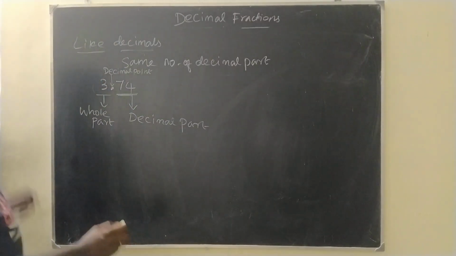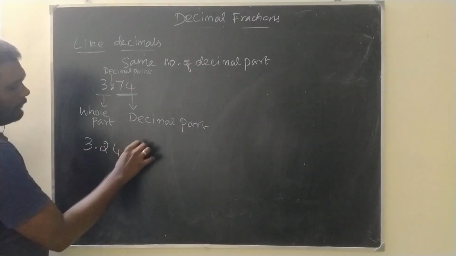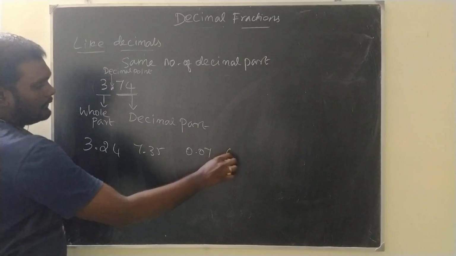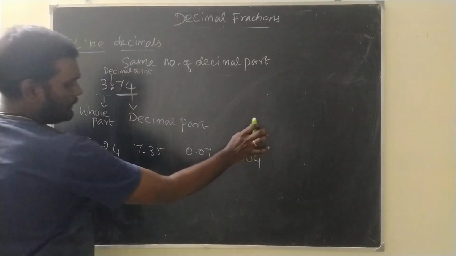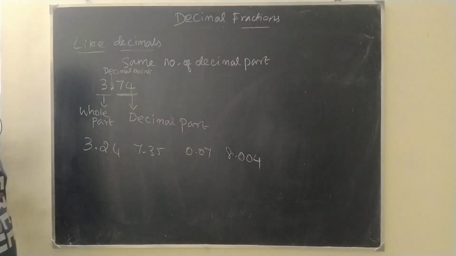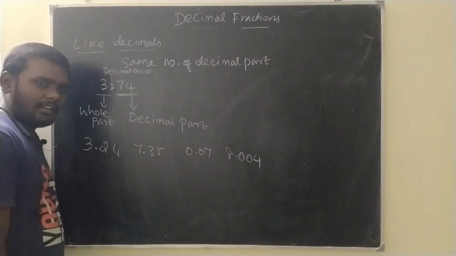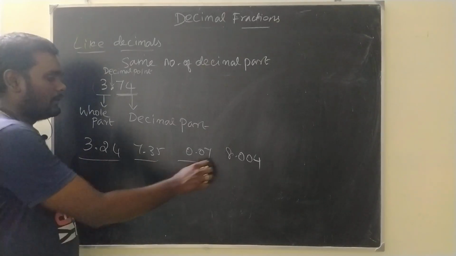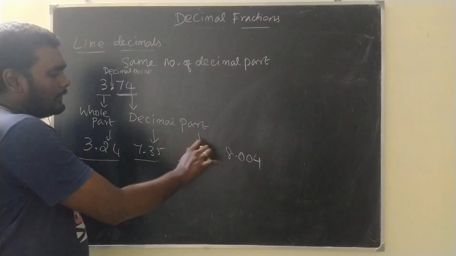Okay. Now I'll say some numbers: 3.24, 7.35, 0.07, 8.004. In this, which are like decimals and which are unlike decimals? Not all are equal. See the first three decimal numbers: this is having two decimal places, this is also having two, this is also having two.